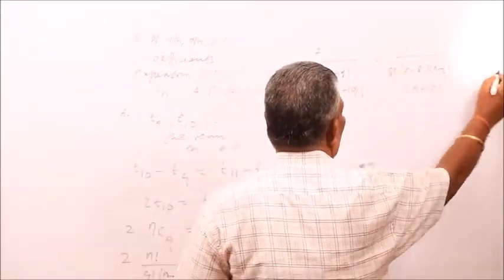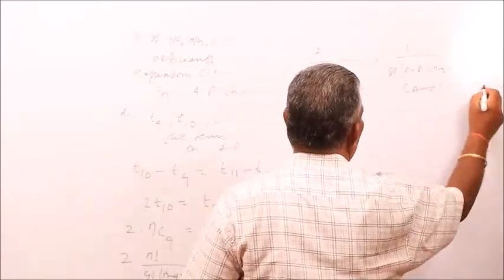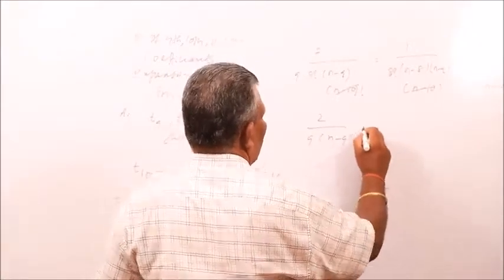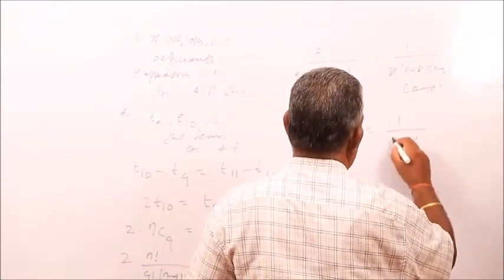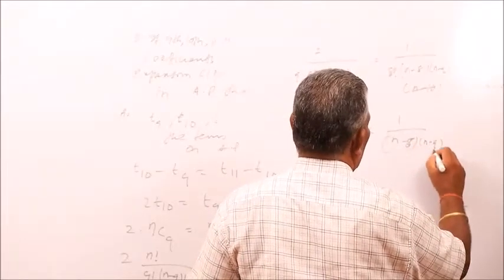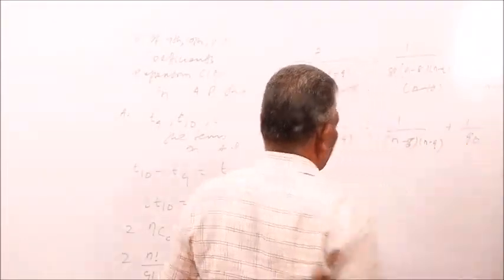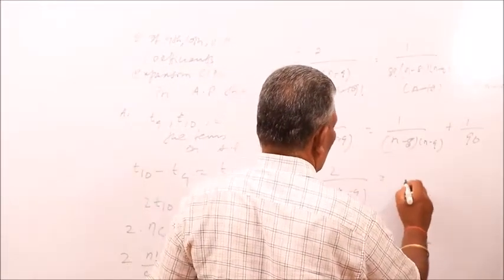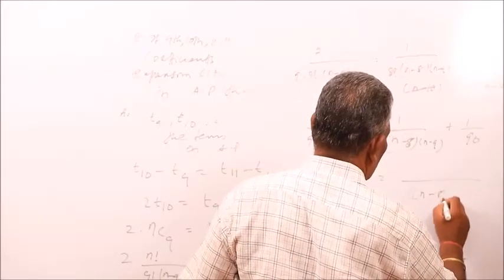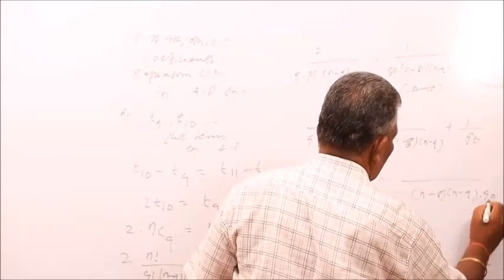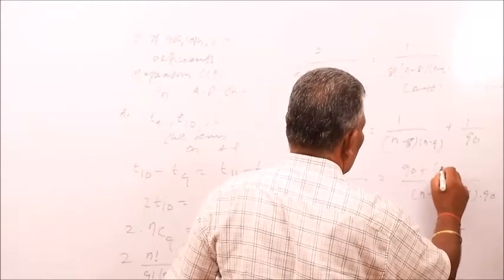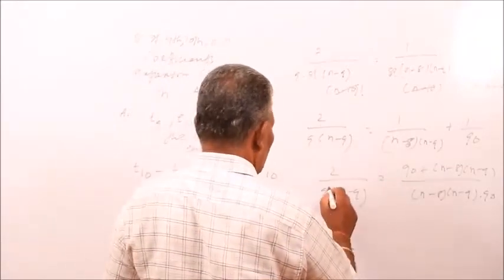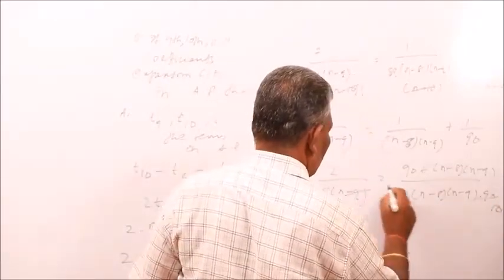So remaining terms are 2 by 9 into n minus 9 equals to 1 by n minus 8 into n minus 9 plus 1 by 90. So that is 2 by 9 into n minus 9 equals to LCM will be n minus 8 into n minus 9 into 90, that is 90 plus n minus 8 into n minus 9, like this. Again we can cancel 9 and 9, that is 10, n minus 9.